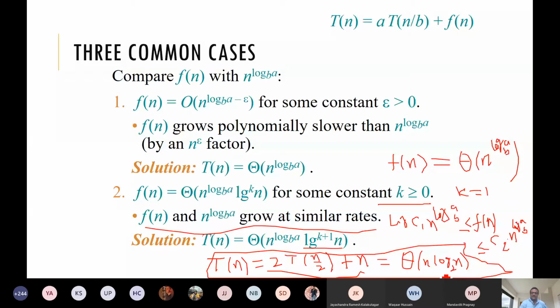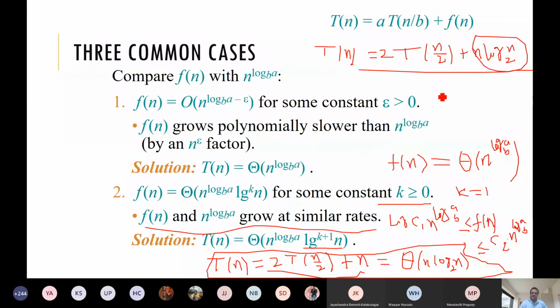But if we have a recurrence like T(n) equal to 2T(n/2) plus n log n base 2, then fn is this, and n to the power log a base b is n.